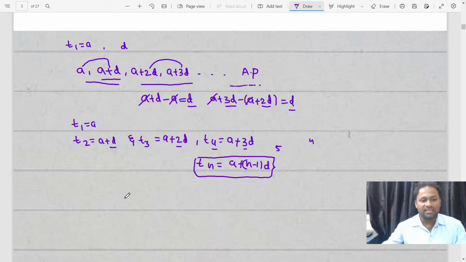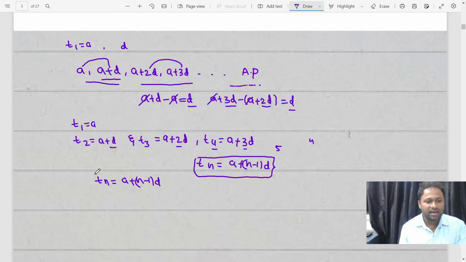So what is the nth term? The nth term will be Tn is equal to A plus n minus 1 into d.